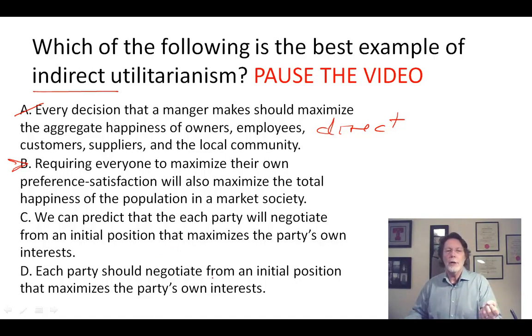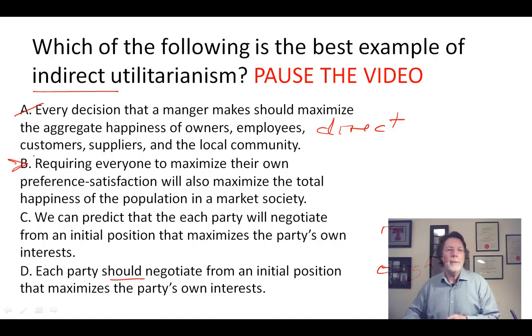Each party should negotiate from an initial position that maximizes their own interest. This is ethical egoism, right? Because it's ethical. It's saying that you should do this, not that you will do this. Here's an is, and here's an ought. This is ethical egoism here, and this is psychological egoism here.